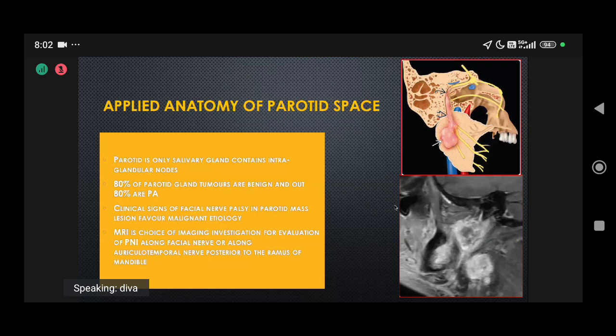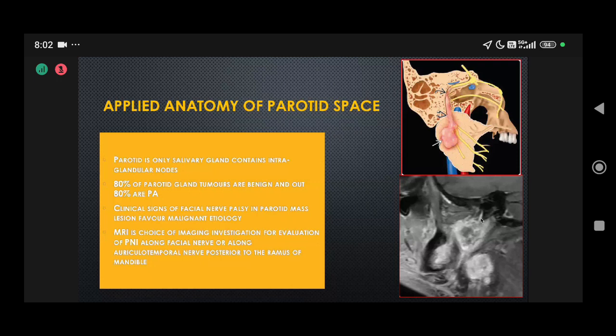Try to look for nerve involvement on your sagittal images. Here you can see that there is a parotid gland tumor, there is a metastatic node, and there is thickening of the facial nerve. Here you can see it in the stylomastoid foramen, and you can see this well on your post contrast T1 weighted fat saturated MR imaging.